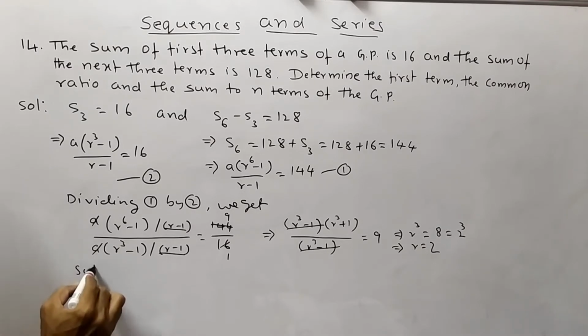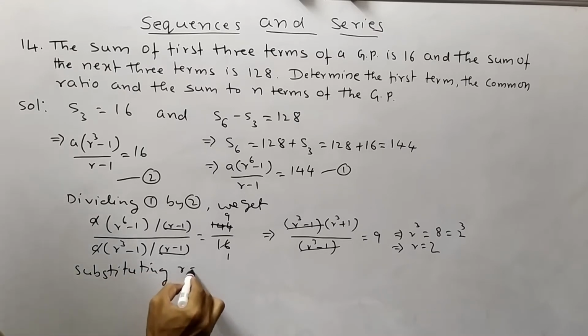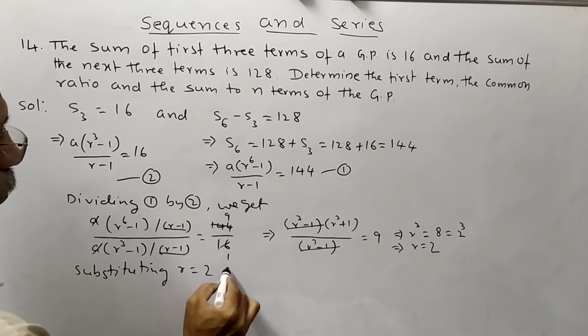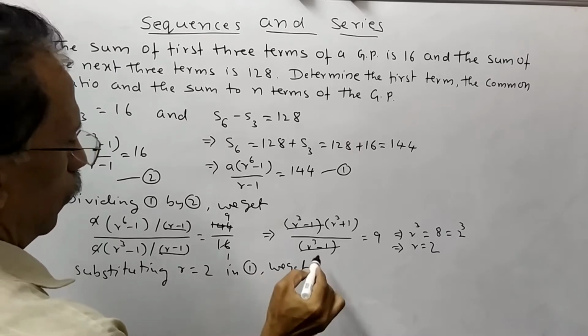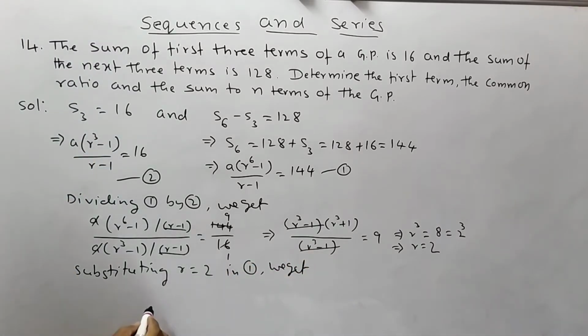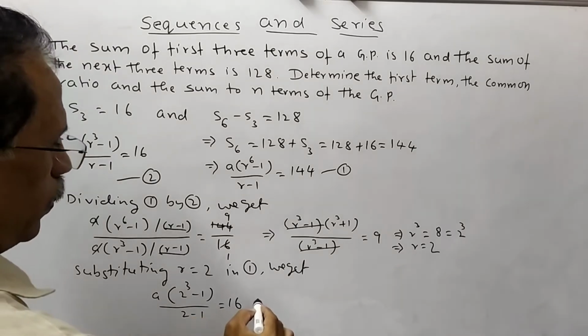Substituting R is equal to 2 in 1, we get A into 2 cube minus 1 divided by 2 minus 1 is equal to 16.